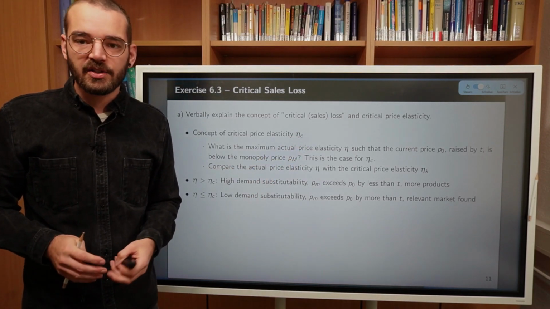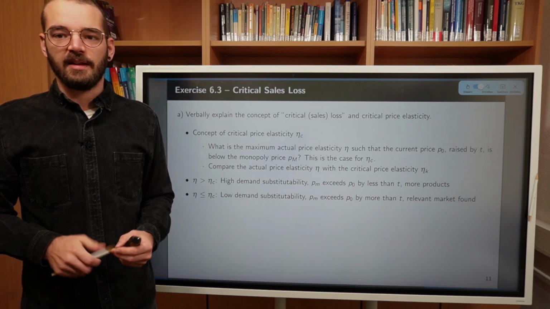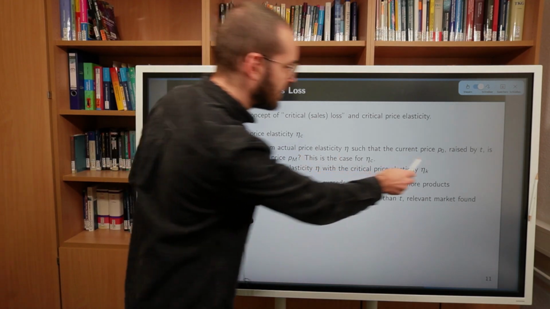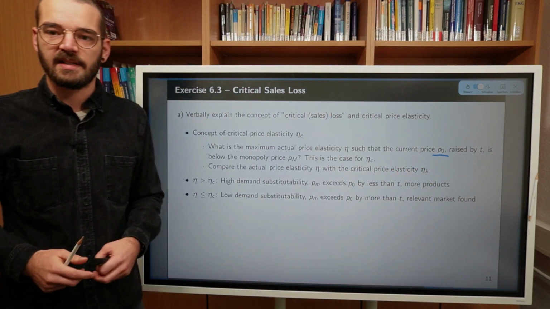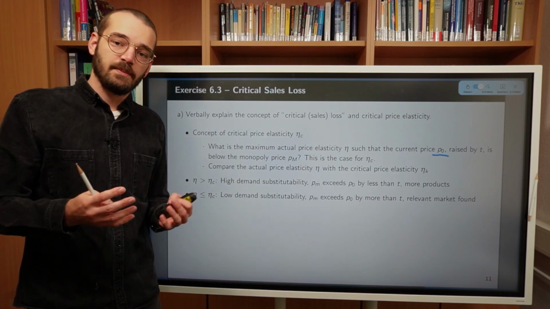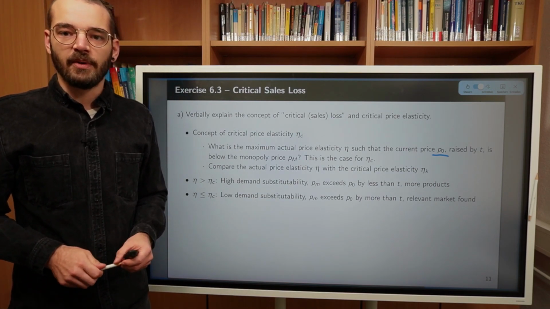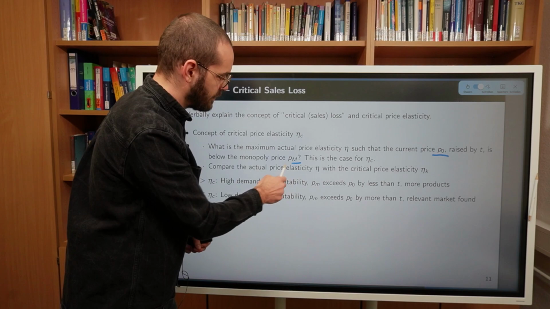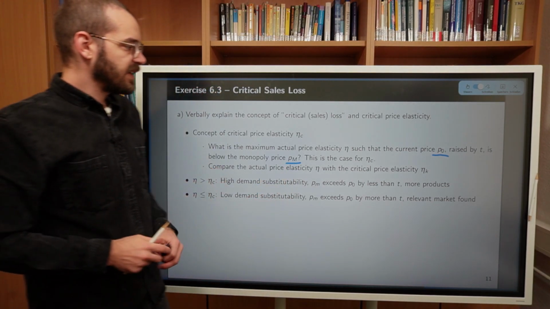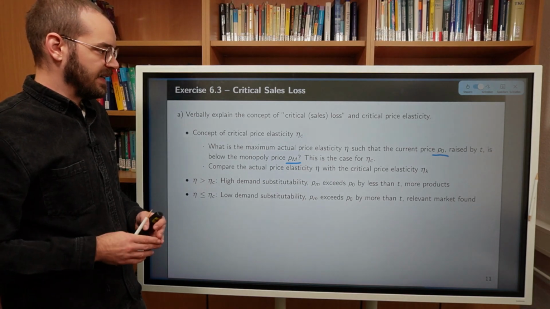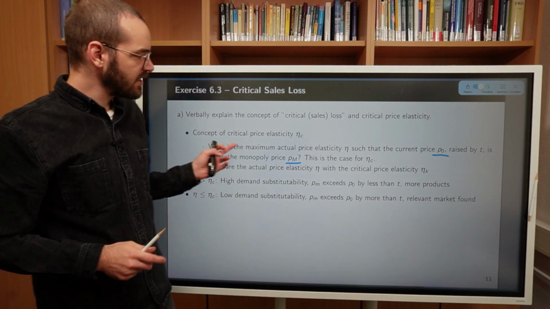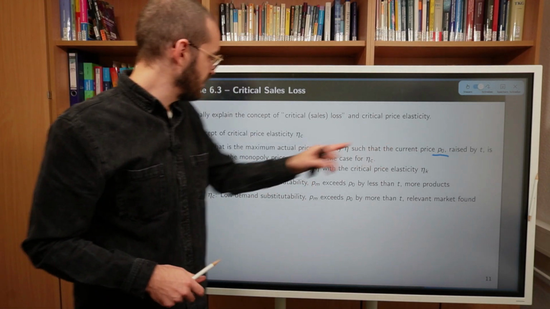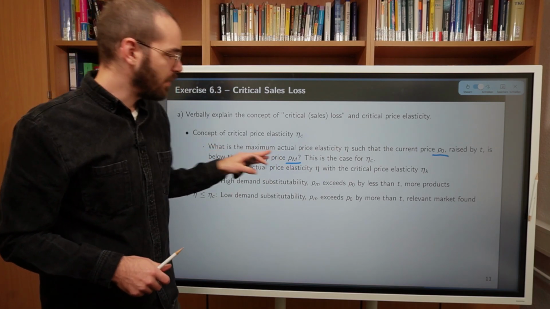What is the maximum actual price elasticity eta such that the current price P0, raised by T, so this is the price increase T, is below the monopoly price PM, the monopolist price with an index M. This is the case for the critical price elasticity, all right? So we are looking for the maximum price elasticity eta such that the price increase is below the monopolist's price.